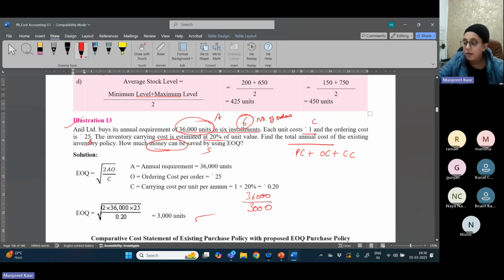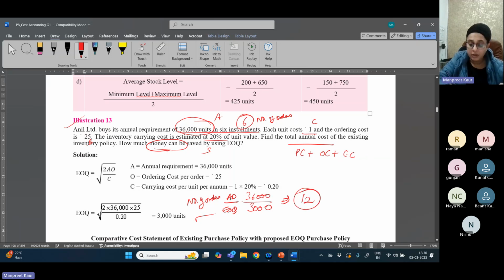36,000 divided by 3,000. It means annual demand divided by EOQ. According to us, how many number of orders are there? Tell me. Number of orders: 12 orders.